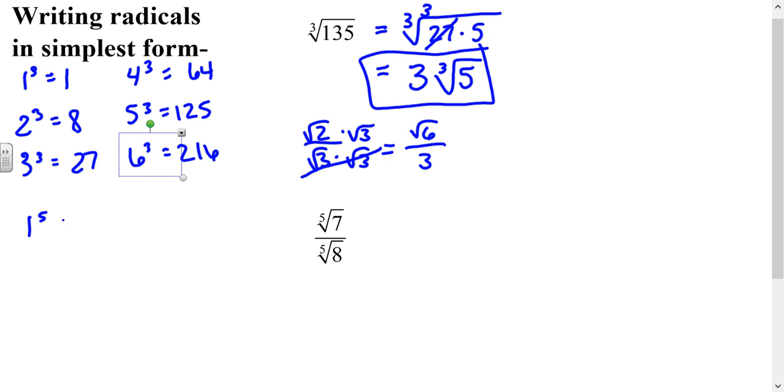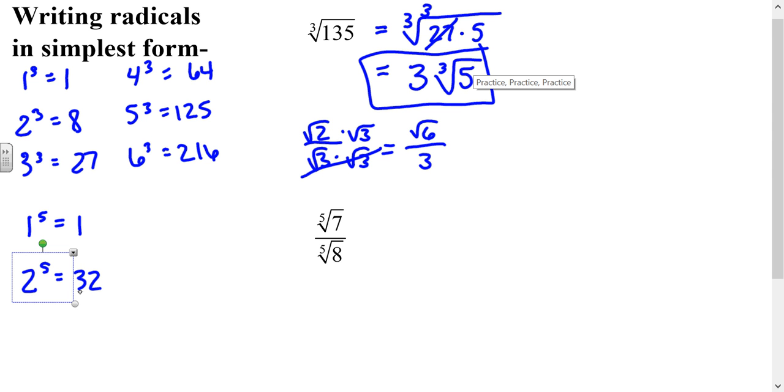So 1 to the 5th power would be 1. 2 to the 5th power would be 32. 3 to the 5th power would be 243. And I can keep going, but basically what I'm trying to do is turn this into a perfect 5th root.